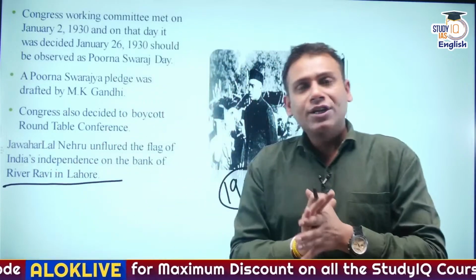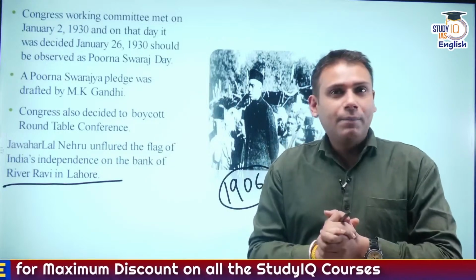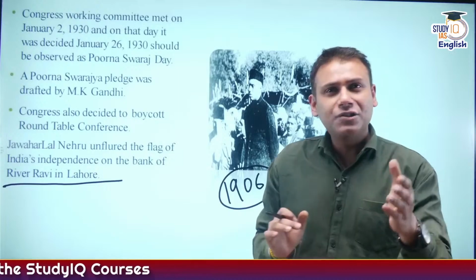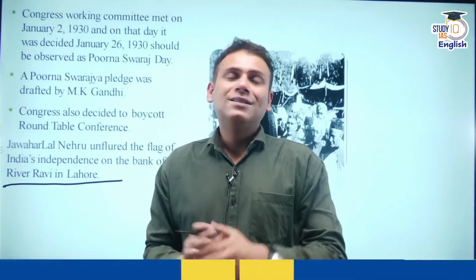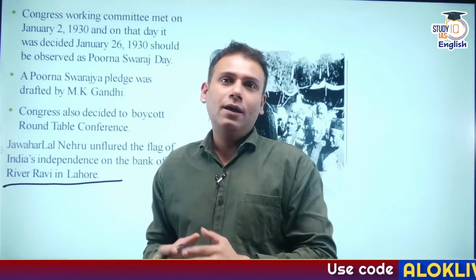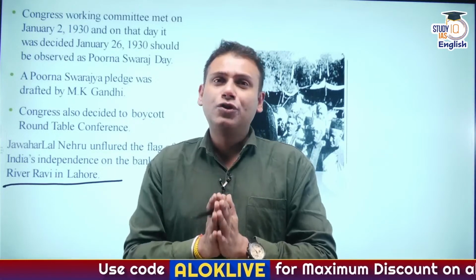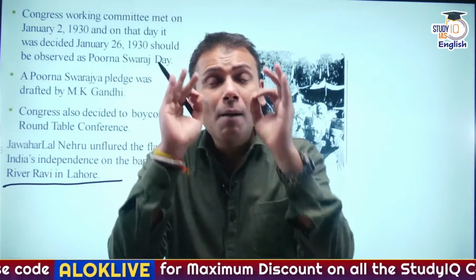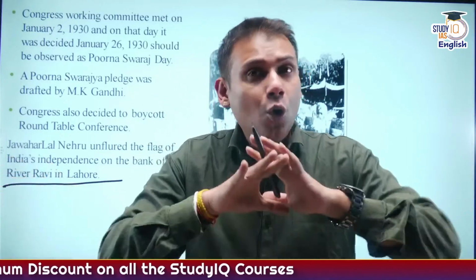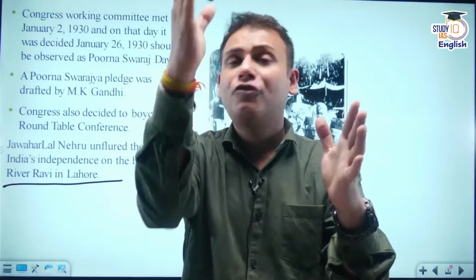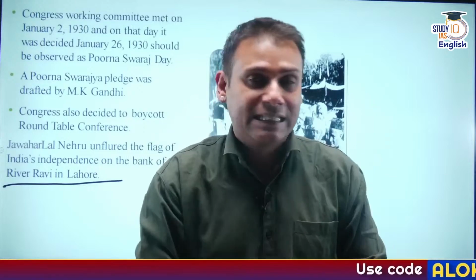The Lahore session was presided over by Pandit Jawaharlal Nehru. It was held on the banks of river Ravi, and on 2nd Jan 1930, the nationalists of all ranks decided on the Purna Swaraj resolution. Purna Swaraj here means complete independence. No self-government, no dominion status, complete independence along with complete control over defense and finance.